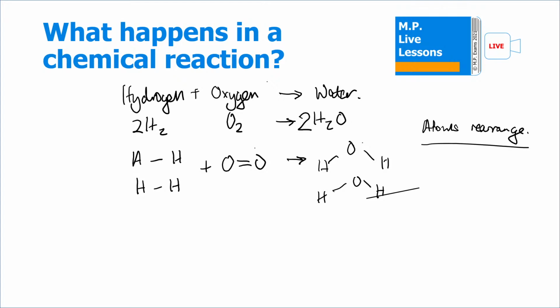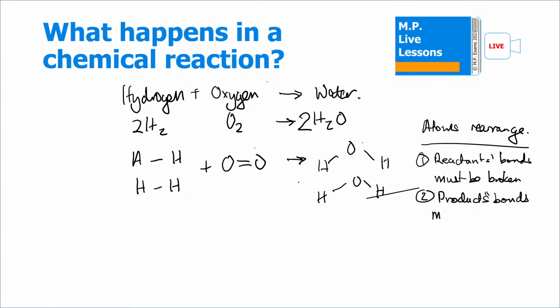For that to happen, two things need to happen before this works. So reactants, bonds must be broken so they can move about and then they can rearrange themselves. And then products, bonds must be made. And that finishes the reaction.